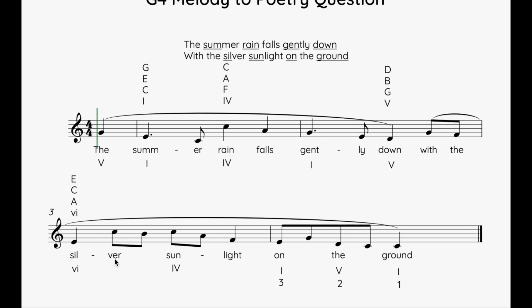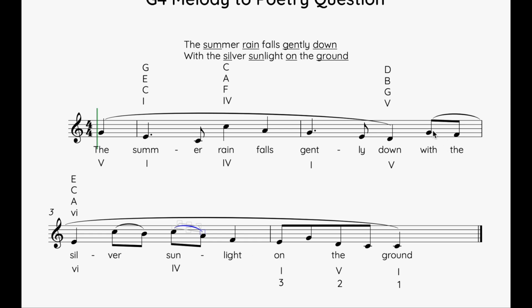If you do, you must add a melismatic slur. Melisma is where you have two or more notes per syllable, right? Single syllable. So there we go. So sun, I've got two notes for that sun syllable.